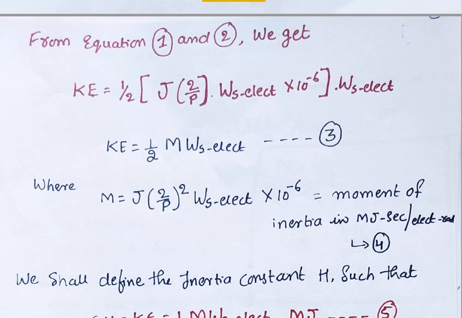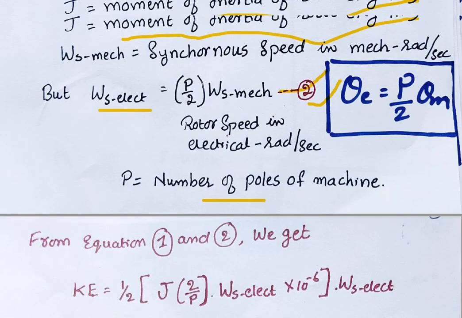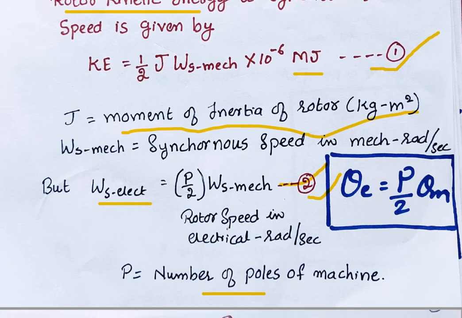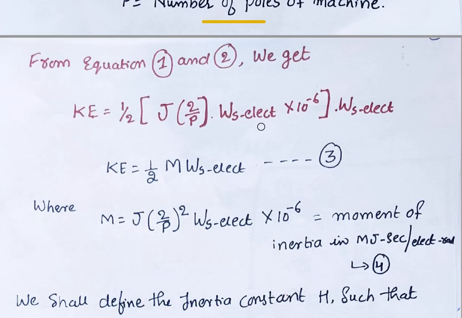What we did here is substitute: omega SM equals omega S electrical into 2 by P. So we got the same thing here, into omega S electrical.